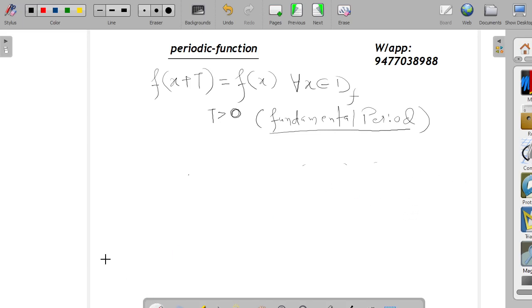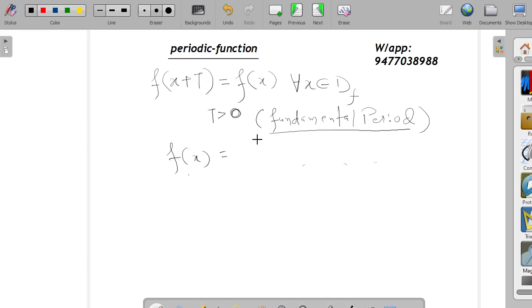Now we have already stated that f of x plus t is equal to f of x for all x belonging to the domain of the function. This is very important, that x must belong to the domain of the function. Consider f of x equals sin x once again.